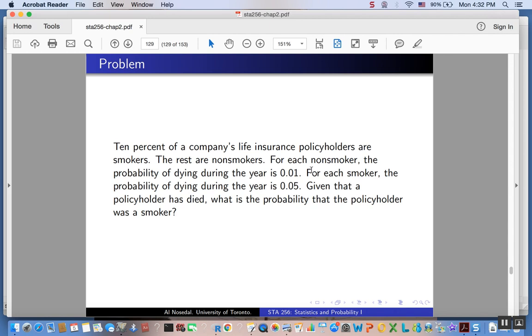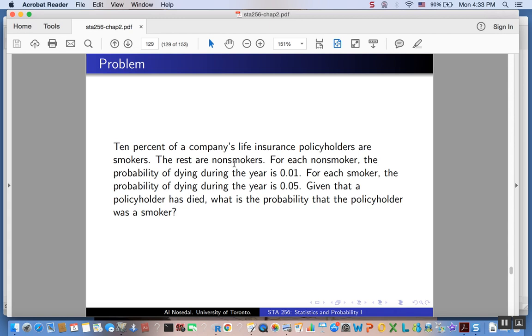Okay. So 10% of the company's life insurance policy holders are smokers. So probability of S is 10%, which means that the probability of non-smokers is going to be the complement, which means 90%, right?